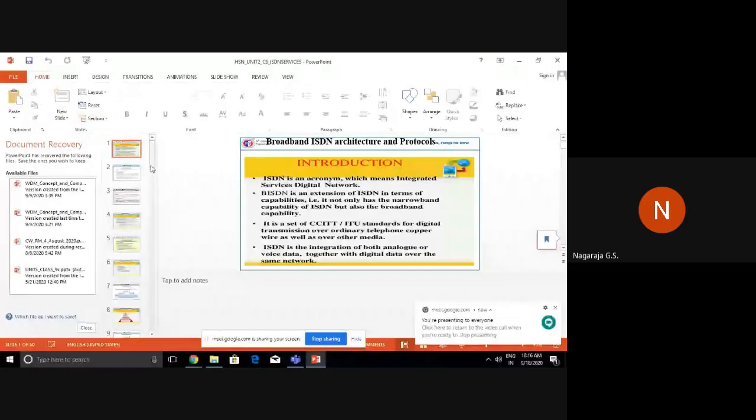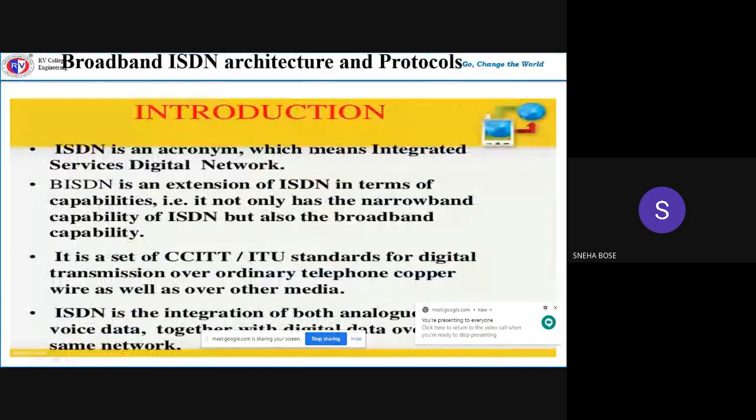Able to see the slides now? No, sir. Wait, I'm sharing it, loading it. Yes, sir.